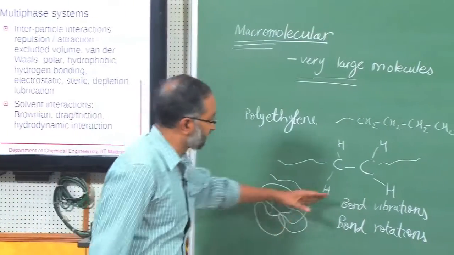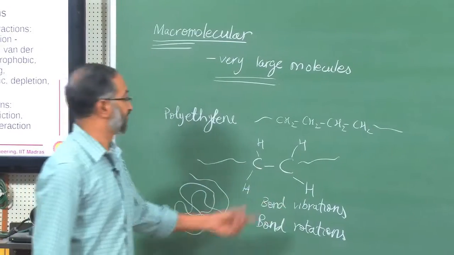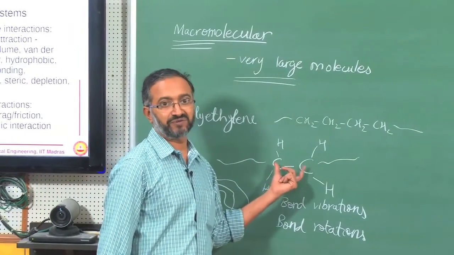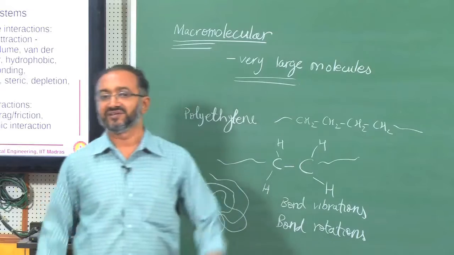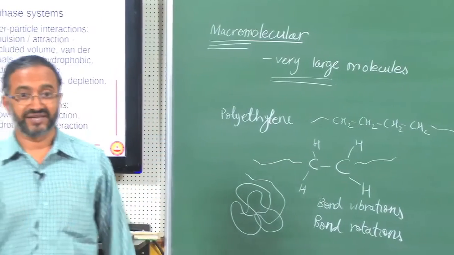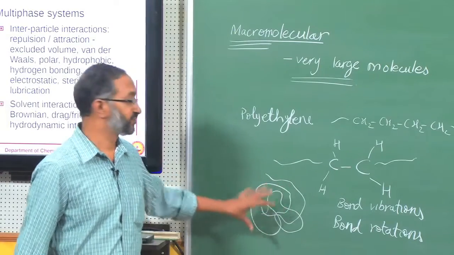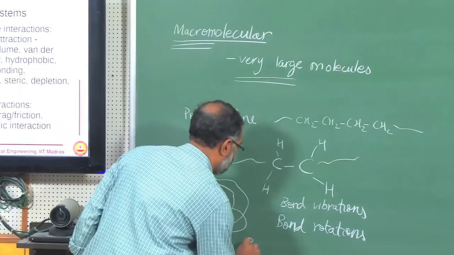So, therefore, at the bond level we have this information available: the fact that the CC bond itself will vibrate, and the fact that there is twisting and rotation and so on. So, this is at the molecular scale, because of which this molecule usually adopts what is called a random coil structure.